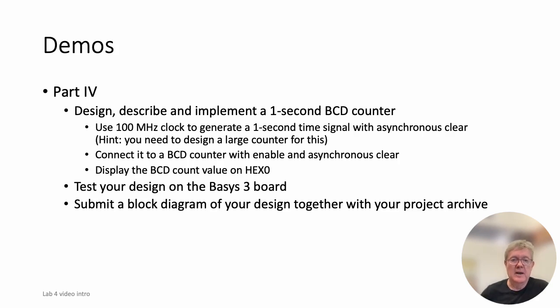That timer is going to be connected to a smaller counter, which is just a BCD counter. Again, that can be described behaviorally, and it's simply going to range in count from 0 to 9 and then back to 0 again. The value of that counter is going to be displayed on the hex 0 component.